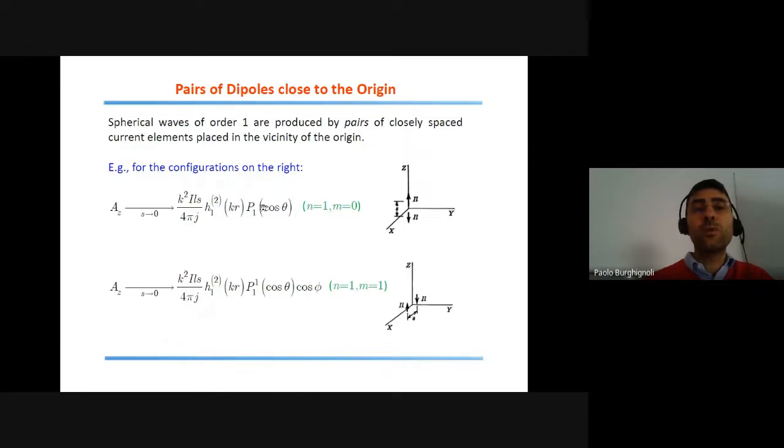If you wish spherical waves of a higher order, for example, of order 1, you can still employ current elements, but you should use pairs of current elements closely spaced to one another in the vicinity of the origin.